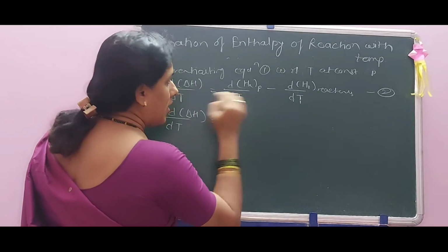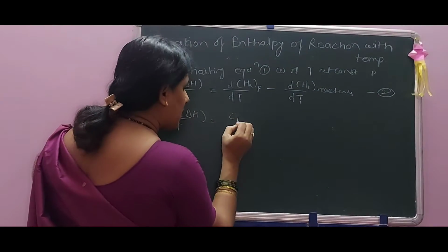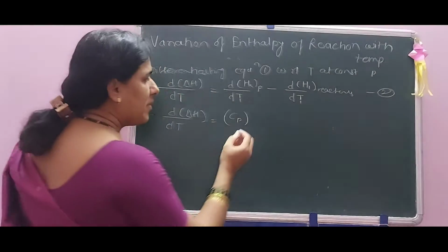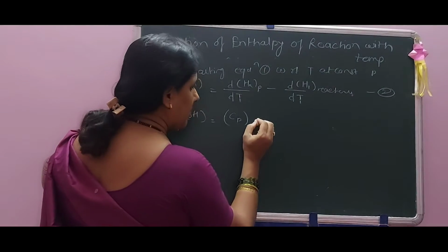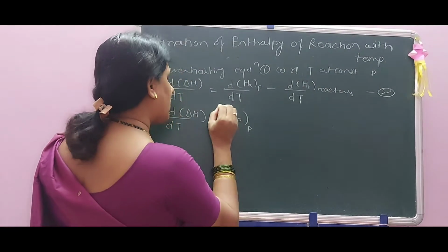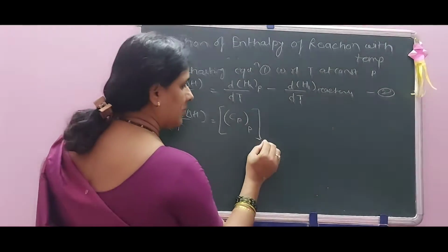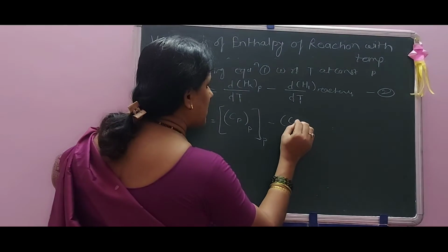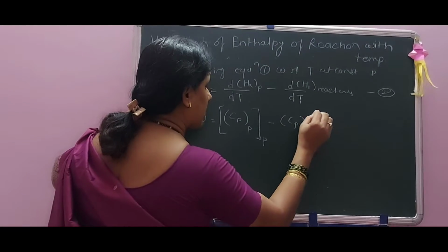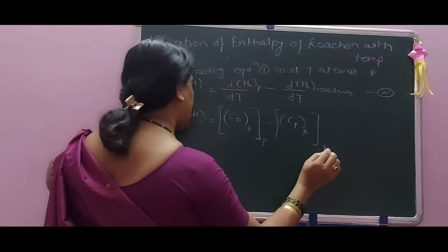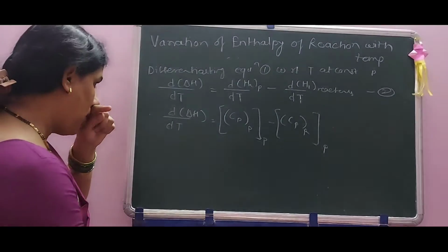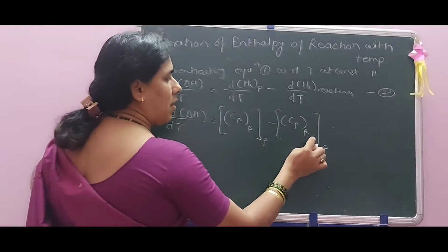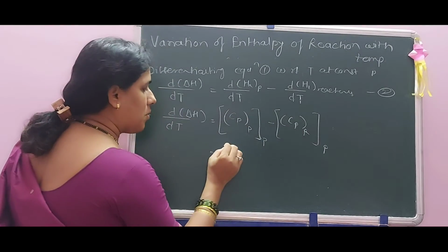Here, what I am writing is Cp of products at constant pressure minus Cp of reactants at constant P. Now Cp of products minus Cp of reactants is equal to what?